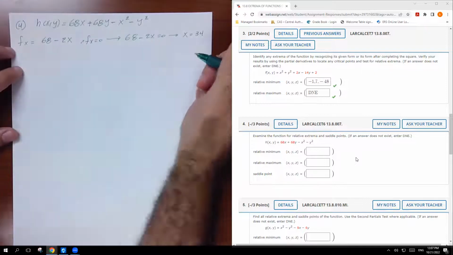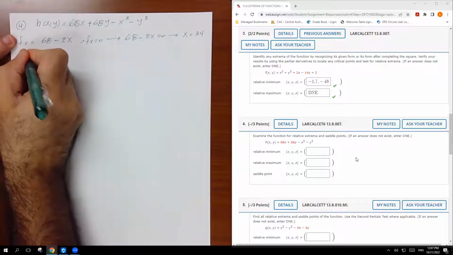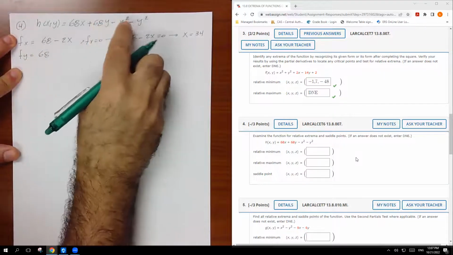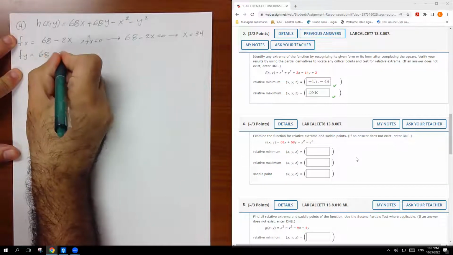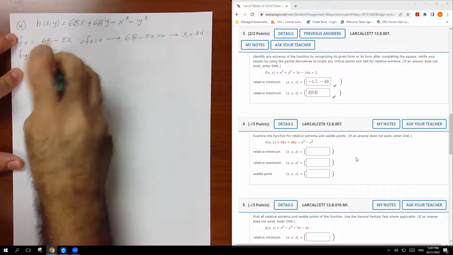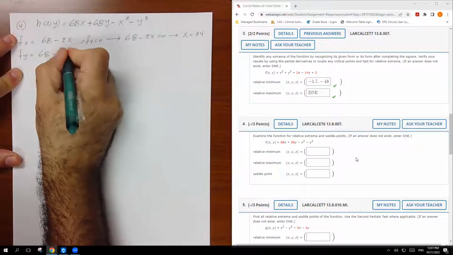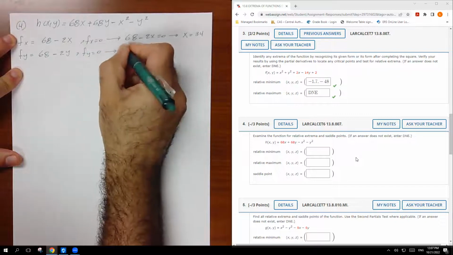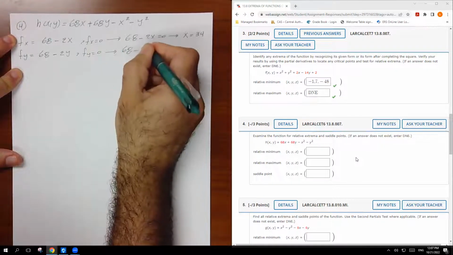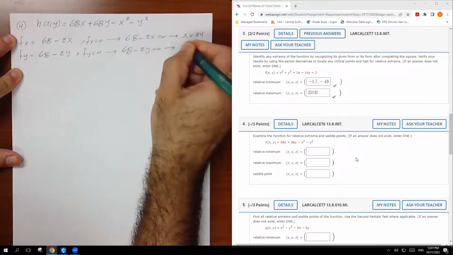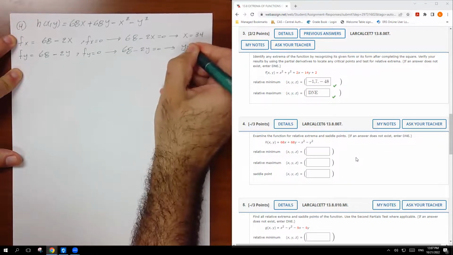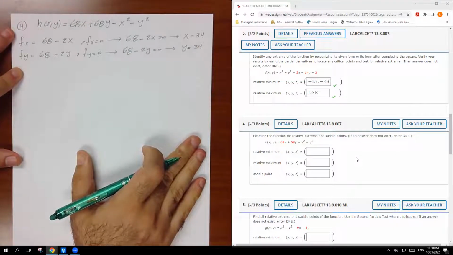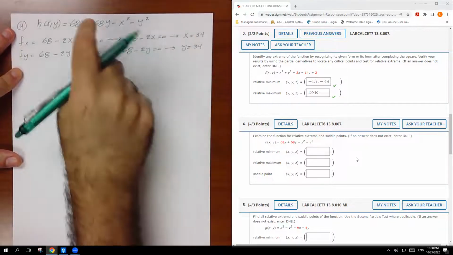Now f sub y is also 68 minus 2y. Setting f sub y equal to 0 gives y equal to 34 as well.